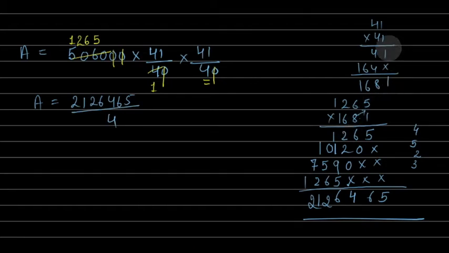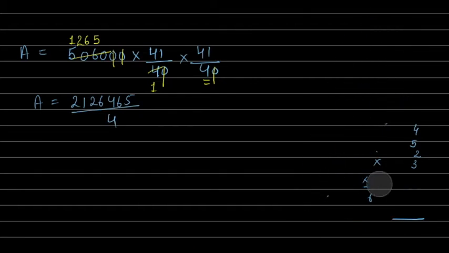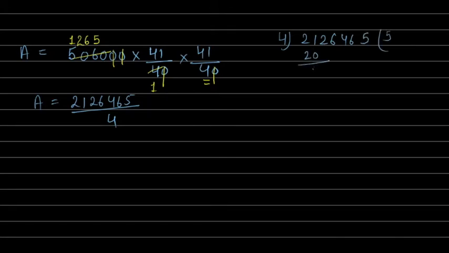Let's divide it carefully by 4 and we will get to know the amount. This is a simple division. 4 5s are 20, and you copy 2 here, right? How many times? 3 times. 4 3s are 12.